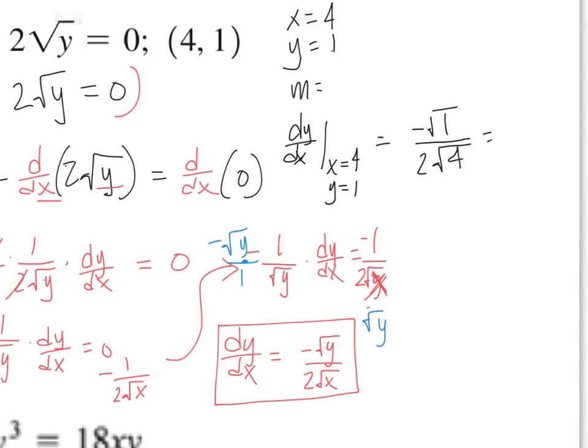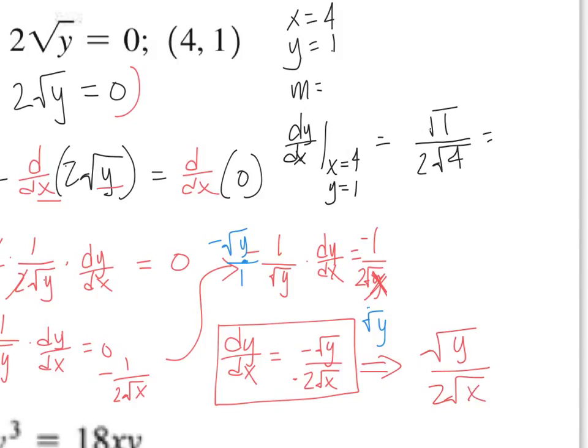Oh gosh, this should be a positive. Sorry, the derivative is negative over negative, so my derivative really becomes the square root of y over 2 times the square root of x. So it should be positive, my bad.